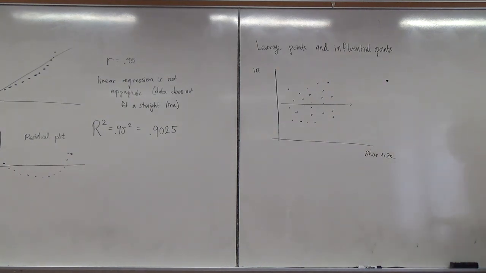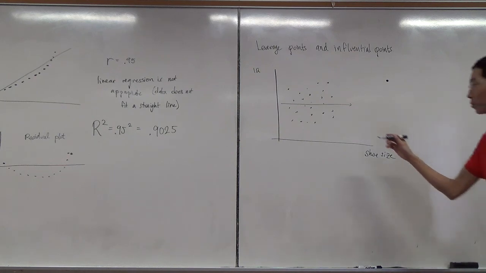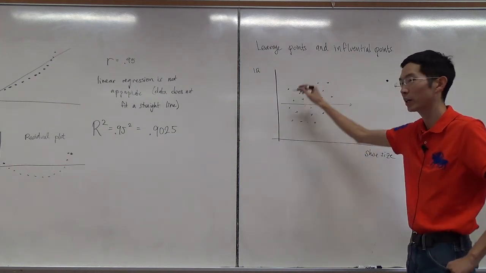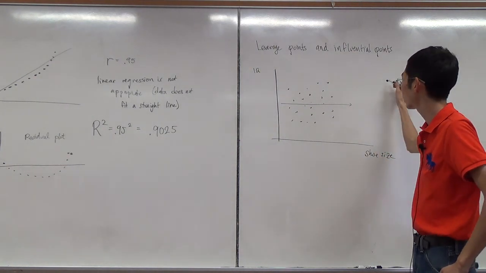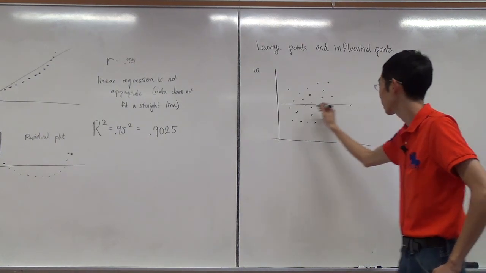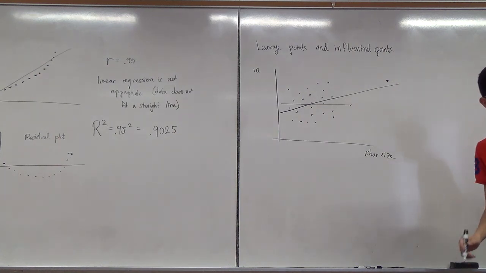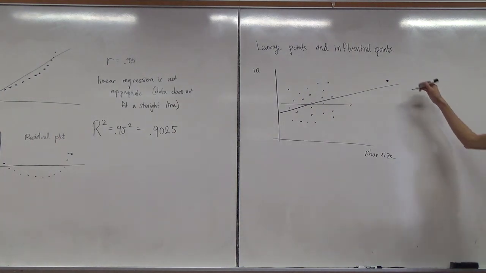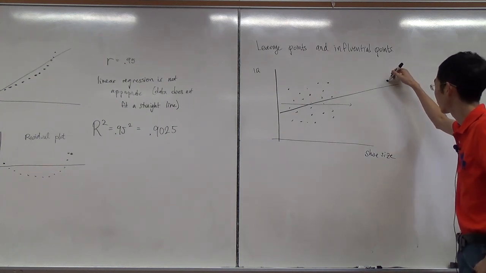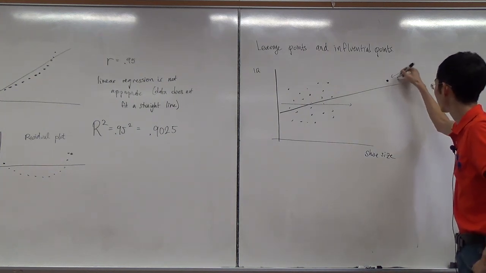What would happen to my correlation? It would suddenly become positive because over here is my mass of points, and the correlation would want to try to accommodate this point, and so my line of best fit would probably change to something like that. All right. So this point is an influential point.